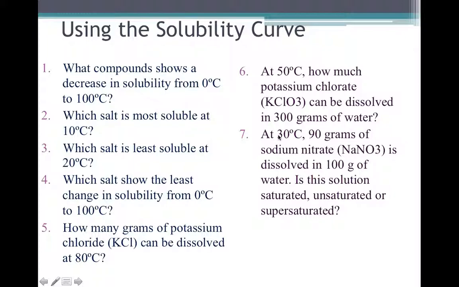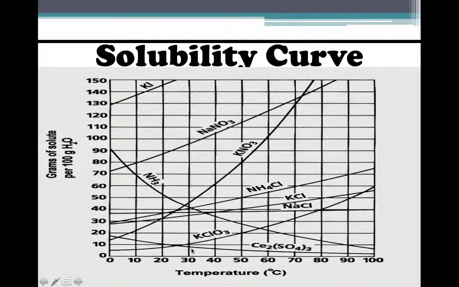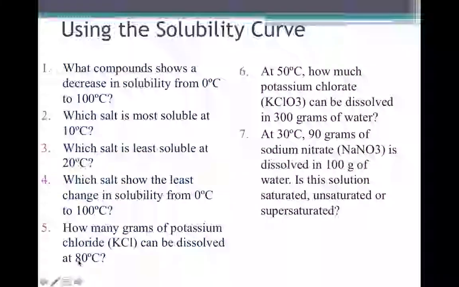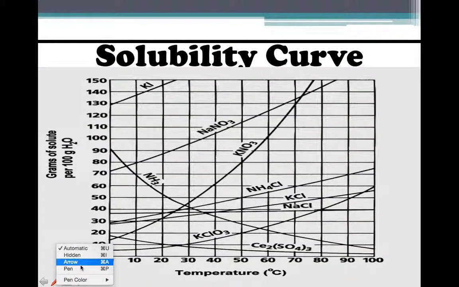So let's go back, let me get my pen going. 30 degrees, 90 grams, where the two intersect, and I'm going to draw that point. Here's 30, and here's the point. Now this line here is NaNO3.